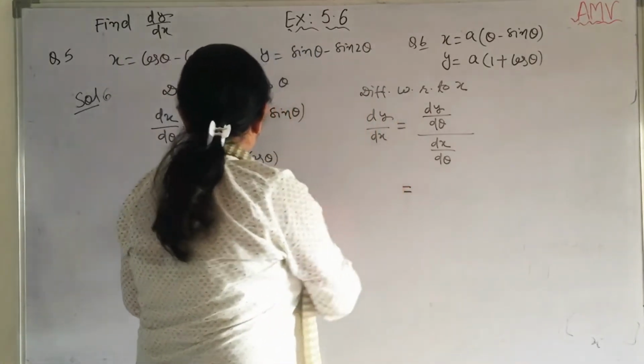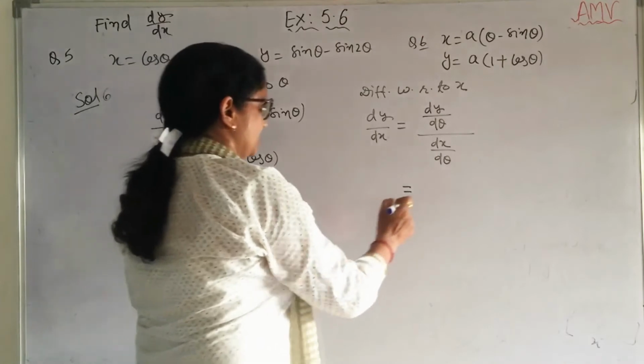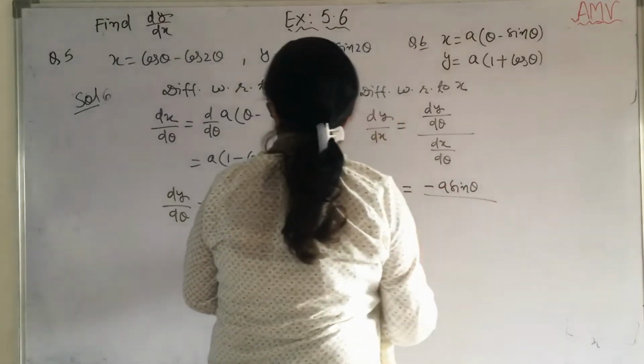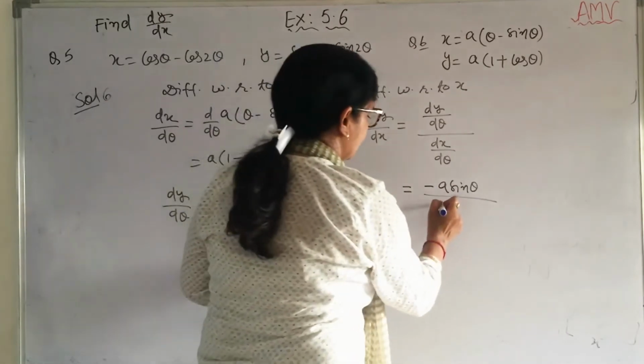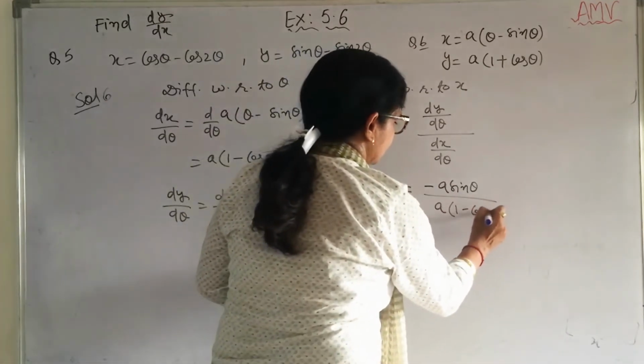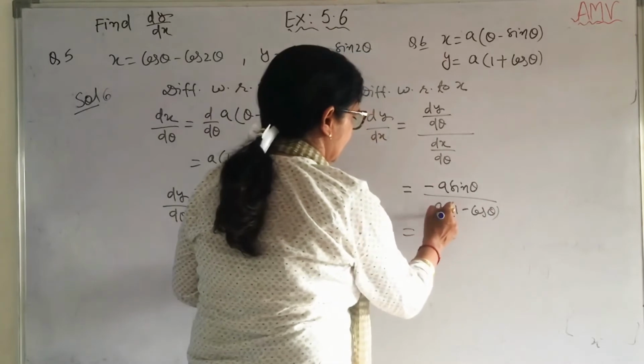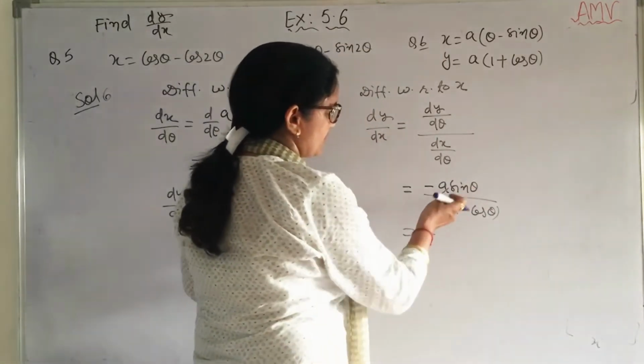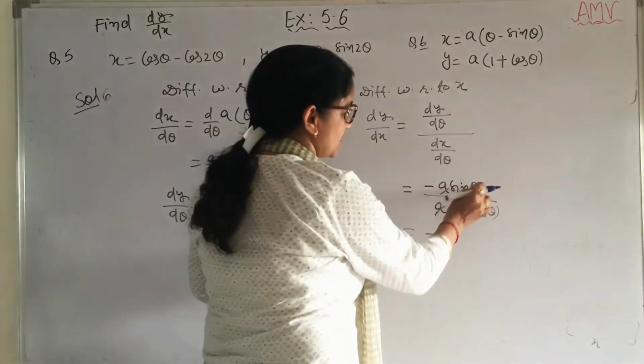So write here dy by d theta, it is minus a sin theta, and in the denominator a times 1 minus cos theta. A will cancel, and here you can simplify it by breaking the theta into theta by 2.